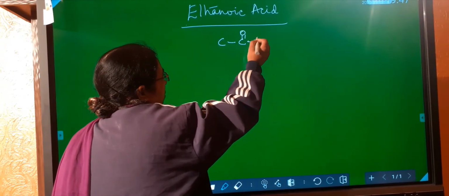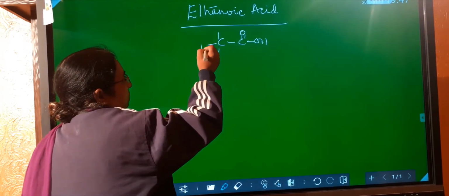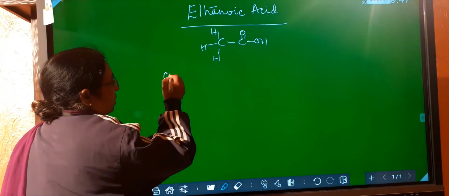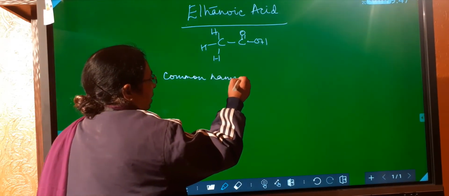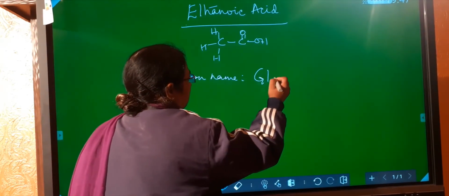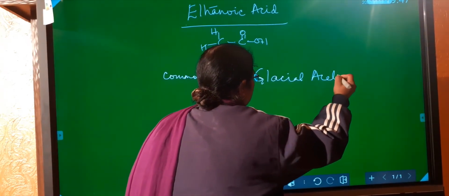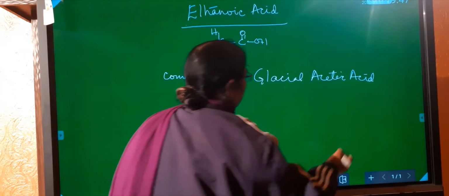Acid is COOH, so this is CH3. IUPAC नेम हो गया इथेनोइक एसिड. इसका कॉमन नेम क्या है? कॉमन नेम है इसका ग्लेशियल एसिटिक एसिड. ग्लेशियल एसिटिक एसिड.